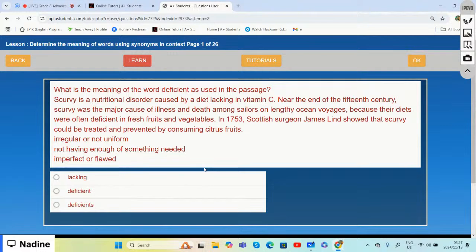In 1753, Scottish surgeon James Lind showed that scurvy could be treated and prevented by consuming citrus fruits. So now we need to say what is a synonym of the word deficient. Is it lacking? Option one, deficient or deficiency. Option two and three. Which one is correct?